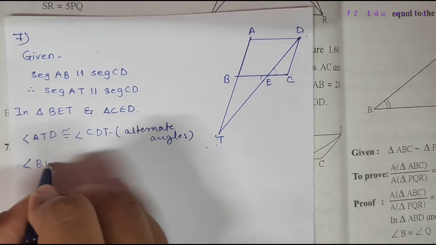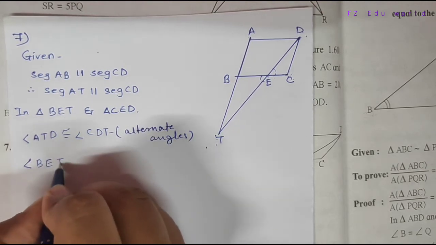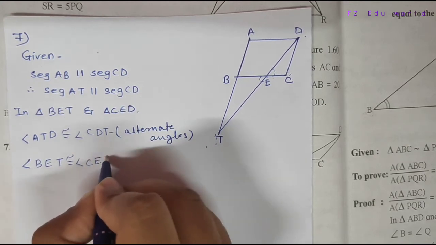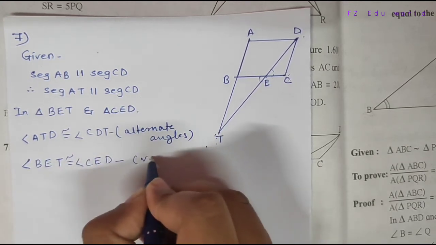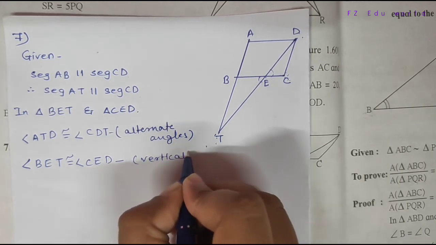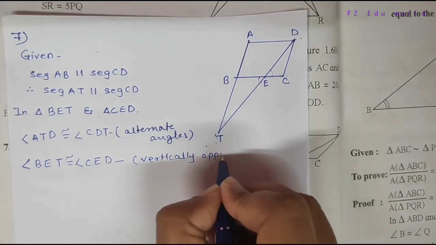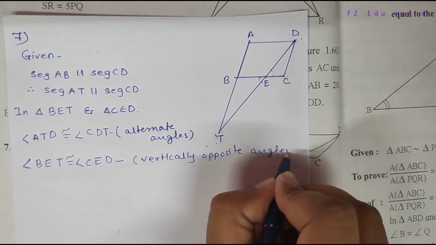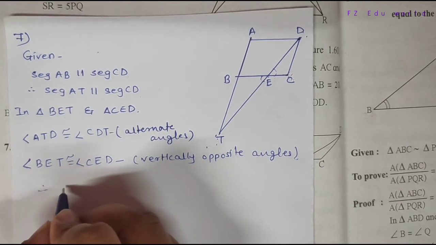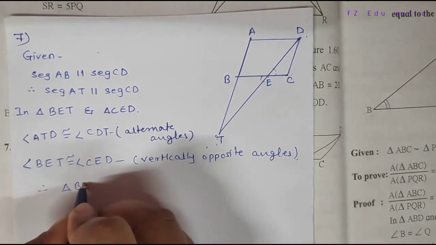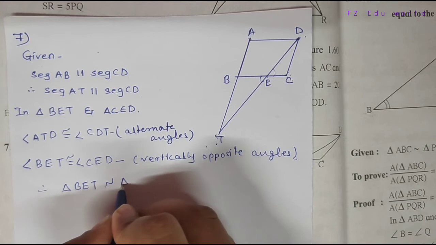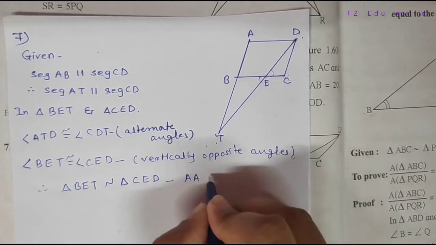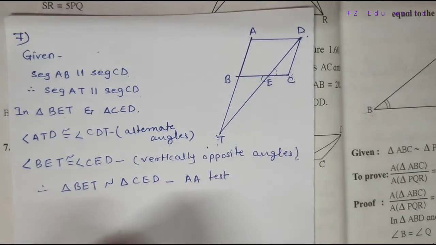Angle BET is congruent to angle CED, they are vertically opposite angles. Therefore, triangle BET is similar to triangle CED by AA test of similarity.